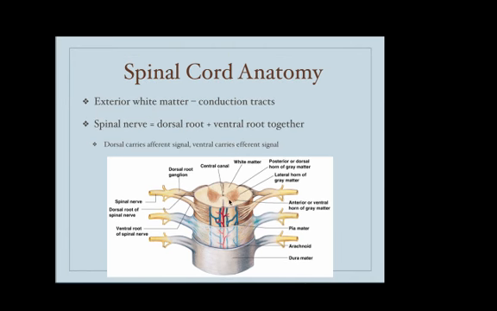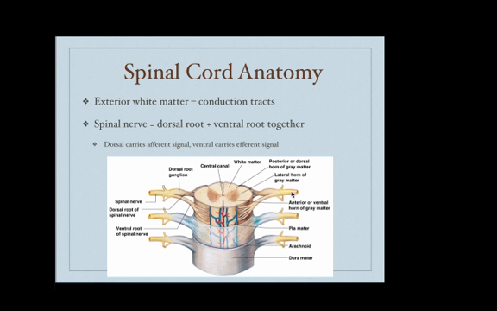Okay. The exterior white matter is white because these are axons that are coated with a myelin sheath, a fatty substance that appears white. The axons are carrying information. Some are carrying information out from the spinal cord to the effectors of the body.